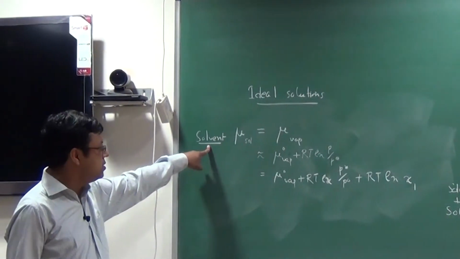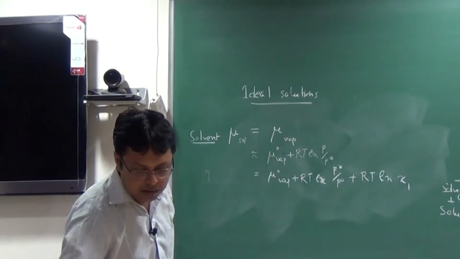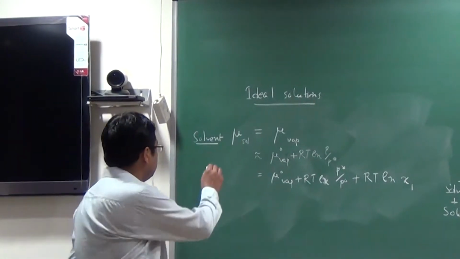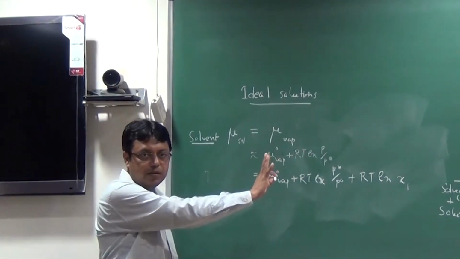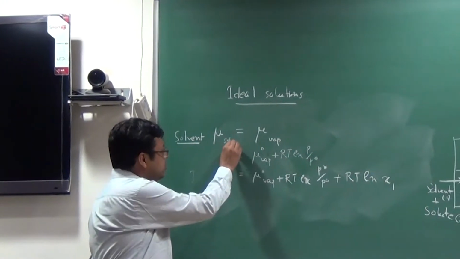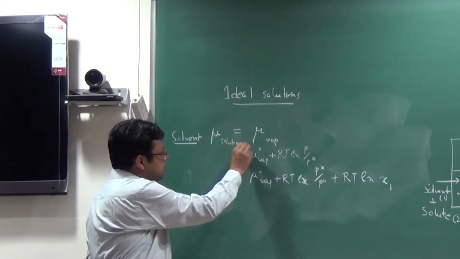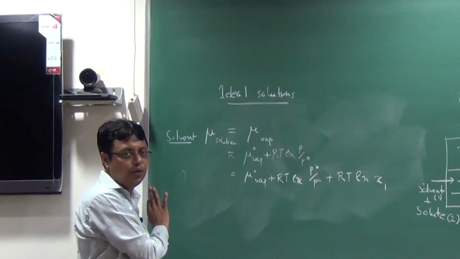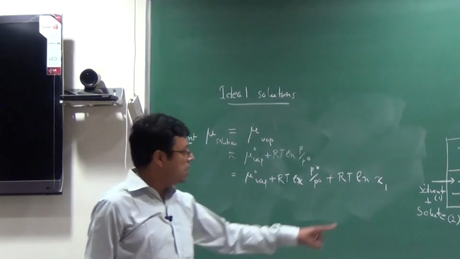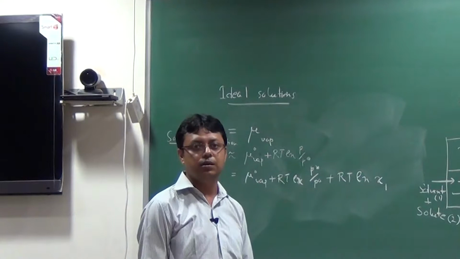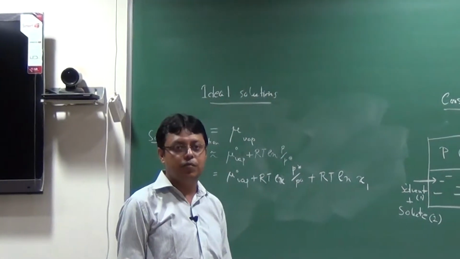What I am trying to say here is that everything is written for solvent first of all. This is solution, this is in vapor. Clear? Now tell me, if x1 is equal to 1, what does it mean? That is in the pure form.